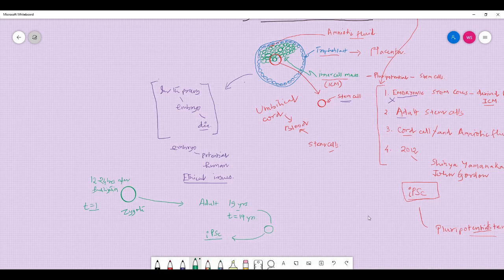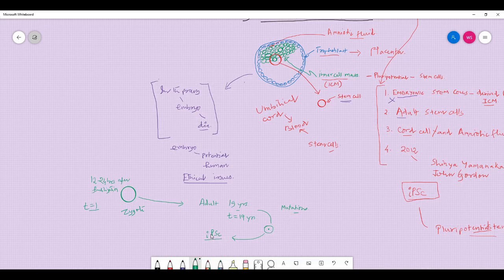So during all these years of life, about 19 years, what's happening? This adult cell which we selected is undergoing mutations. These mutations may be lethal, they may be non-lethal, but such a mutated cell only, we are now making into an induced pluripotent stem cell.